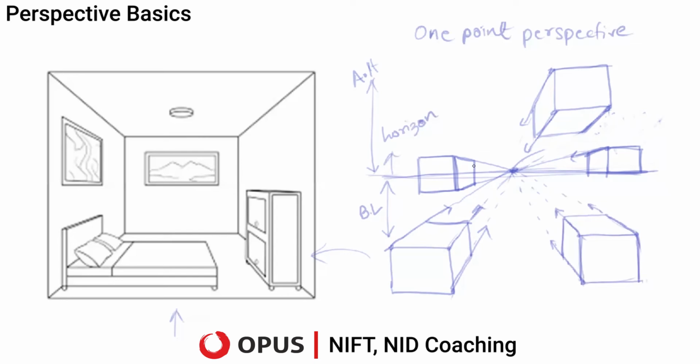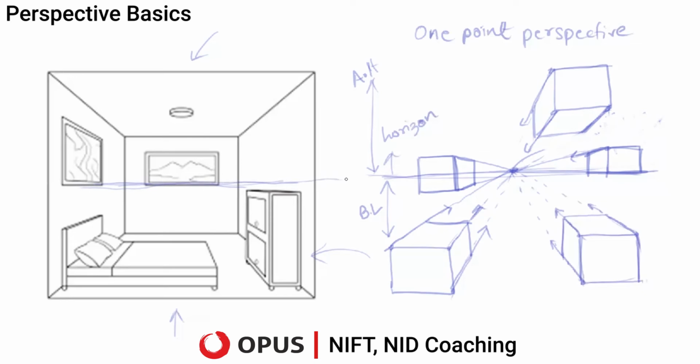Now let us see how these techniques, how these principles of lines and other things apply to this particular image. If we see carefully, our horizon is mostly in this part. This is the horizon, which is a straight line.